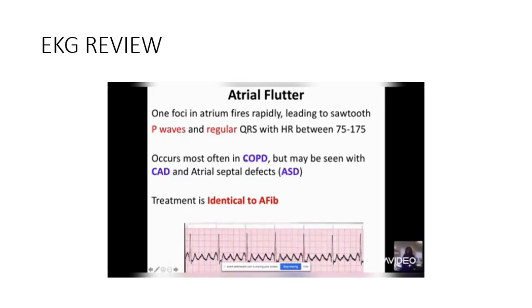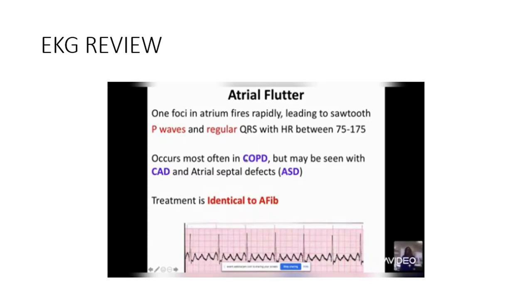You have them. They're edgy, they're sharp, but they're there and they're visible, as you can see here in this strip. And with your atrial flutter, you have regular QRS. So if I were to count R to R, R to R, R to R, they're equal. The moment you see that and you see P, that's an atrial flutter.